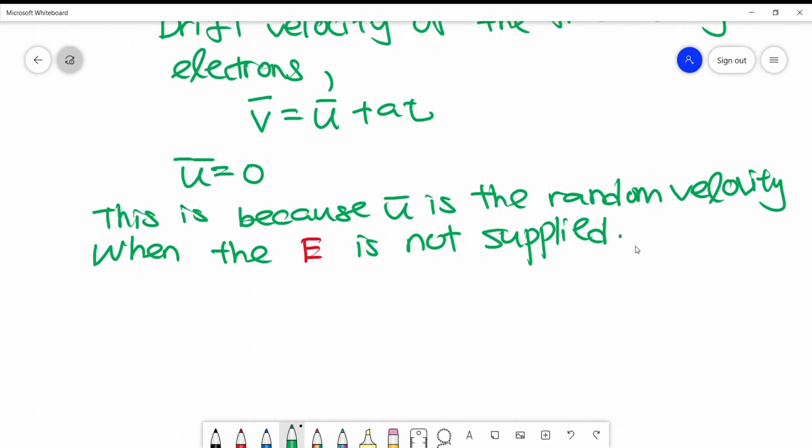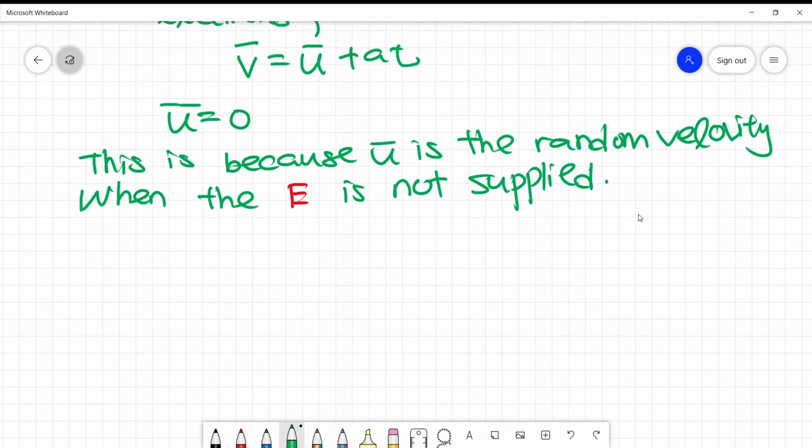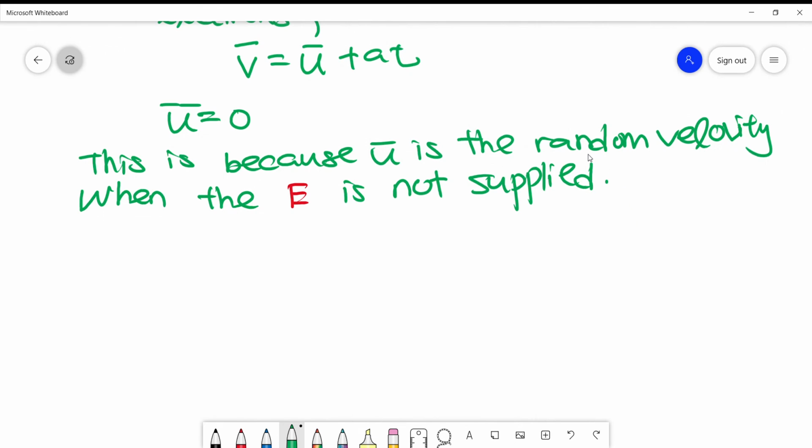Since the random velocity is much higher when the electric field is not supplied, the motion of the free electron is very fast, and the fast moving electrons have no net velocity.